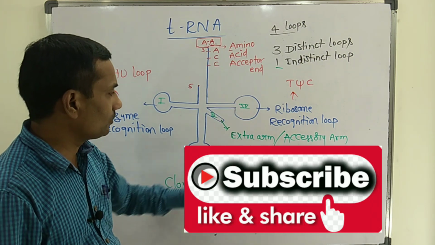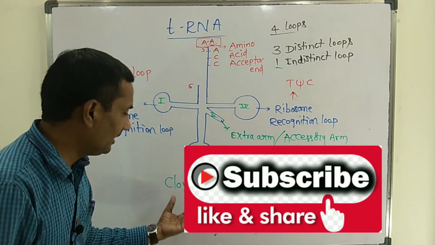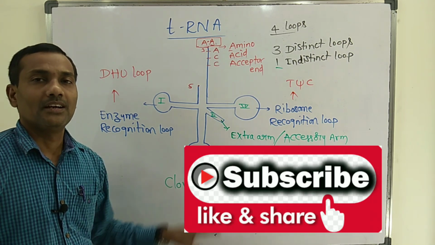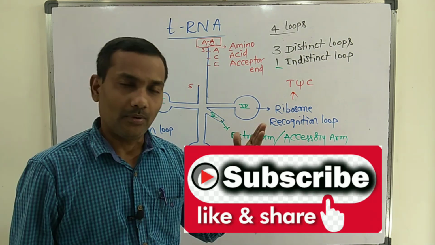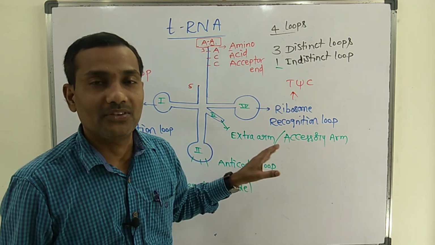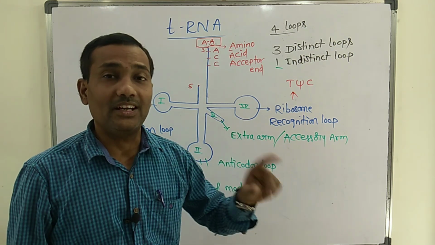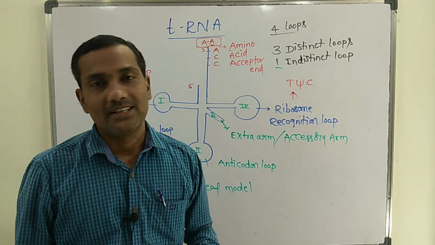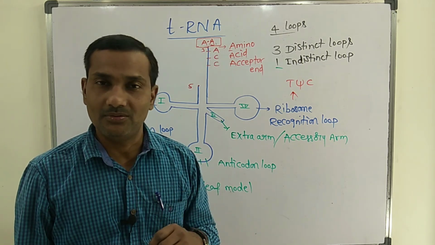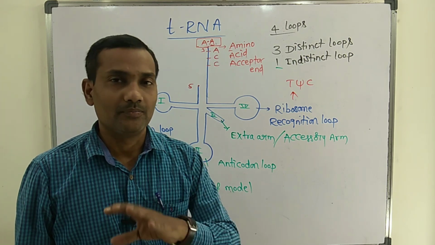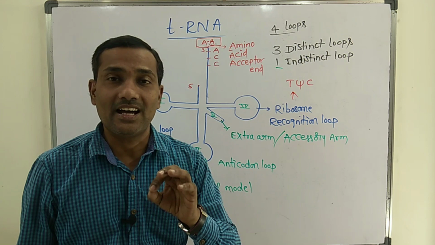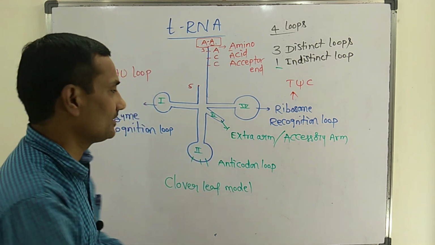This total structure is tRNA that appears like a clover leaf, a model proposed by R. Holley. According to the present concept, the number of tRNAs is equal to the number of sense codons, of which there are 61. But there are no tRNAs for stop codons.